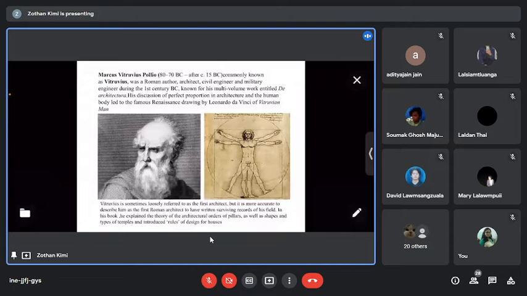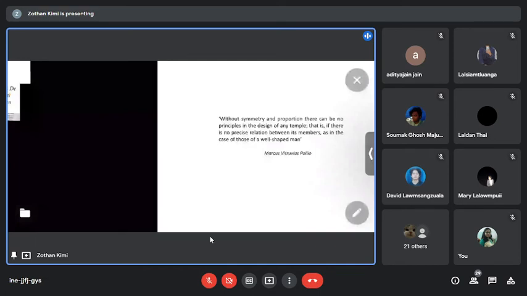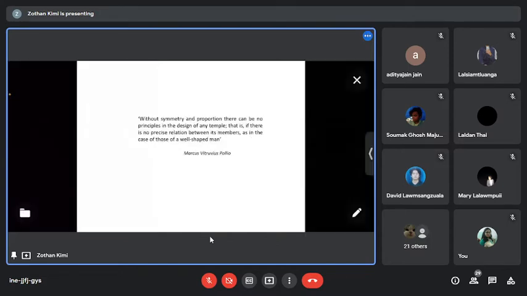Okay, and this is the Vitruvian Man. Let me just read this since it's short. Without symmetry and proportion, there can be no principles of design in any temple. Basically, in the olden days, most of the structures that they built, especially where they put their design sense into it, were mostly temples and worship places. So that's why particularly it says temple. This is a quote of his: there can be no principles in the design of any temple if there is no precise relation between its members, as in the case of those of a well-shaped man.